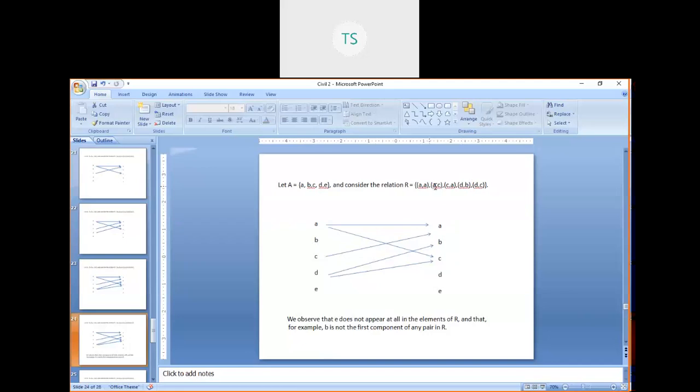Similarly, we do not have any ordered pair which contains E either in the first position or in the second position. So that's why this E is without any arrow. So I have written that we observe that E does not appear at all in the elements of R, and for example, B is not the first component.